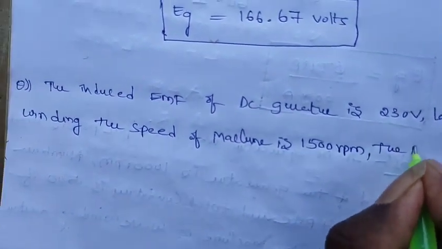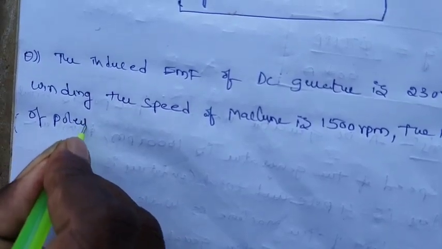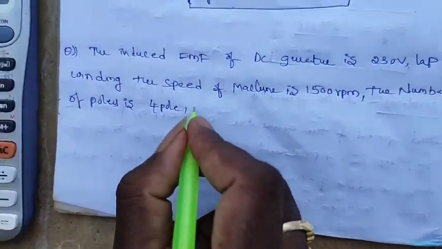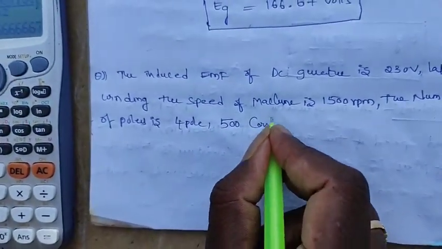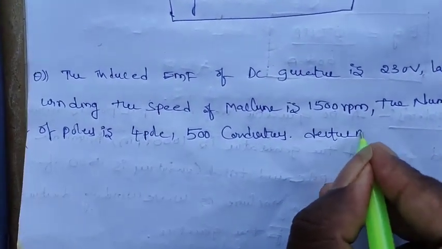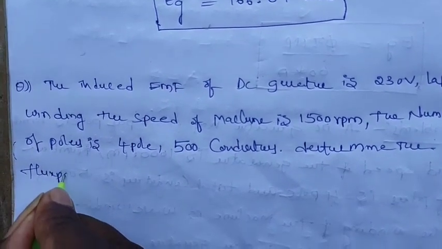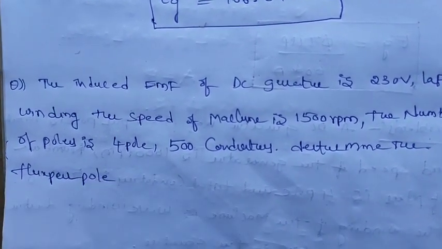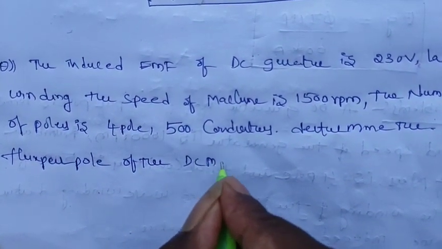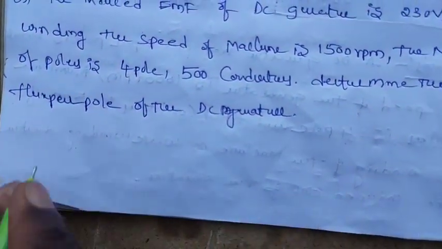The number of poles is 4, and there are 500 conductors. Determine the flux per pole of the DC generator.